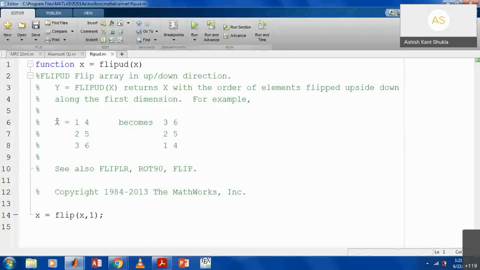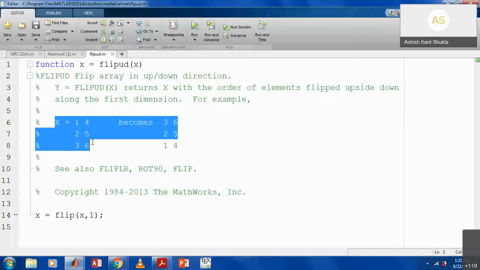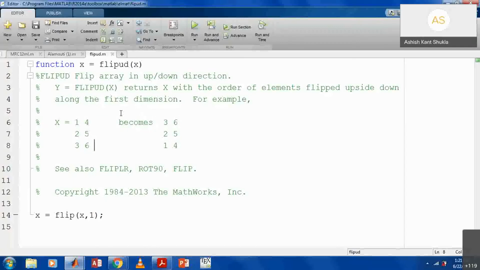If you have an X matrix like this, then using the flip command it will flip your matrix. That is, your last row will become the first row and the first row will become the last row. And if you have 5 rows, then similarly the second last row will become the second row, and so on.